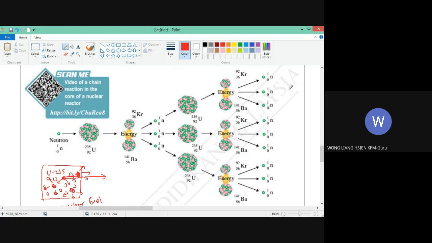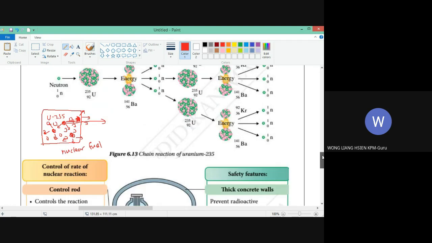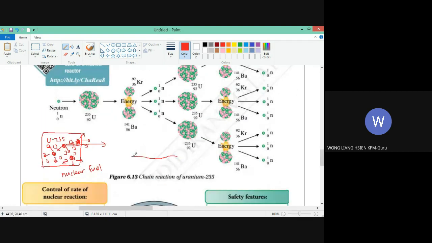Same like when you burn paper. Actually, when you burn paper, it is a chain reaction also. Why is it that you just burn the paper on one side and you don't need to continue to burn? It will burn by itself. The fire will spread. Because when you burn one side of a strip of paper, a chemical reaction happens.